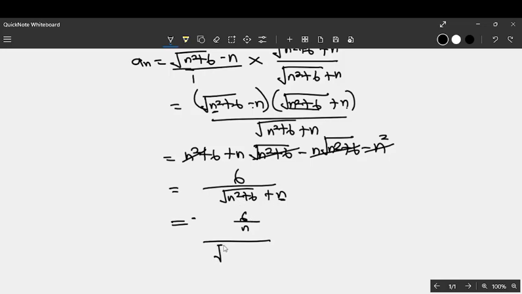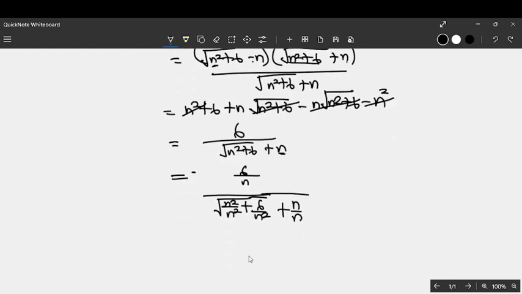So you have the square root of n squared over n squared plus 6 over n squared, plus n over n. Great. In this way, we are going to have 6 over n, all over the square root of 1 plus 6 over n squared, plus 1.